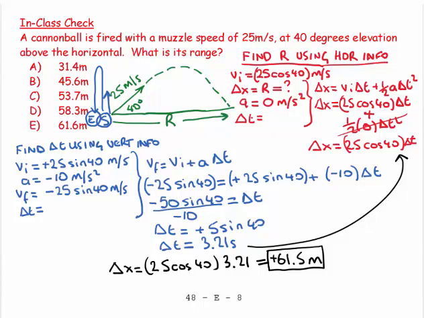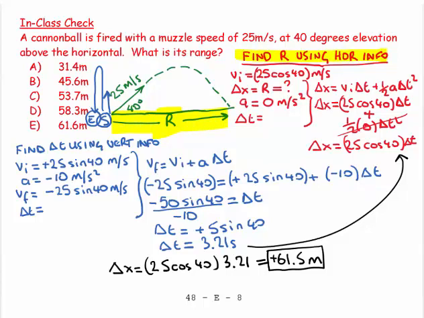So how do you feel about that? That's a multi-step problem, but it's just a series of one-dimensional motion steps. I tried to solve the problem immediately using horizontal information because I was trying to find something that was horizontal. So I looked at this axis to begin with, and I did that here.